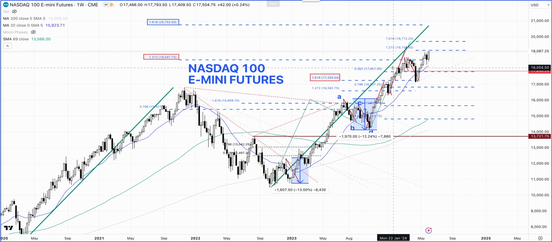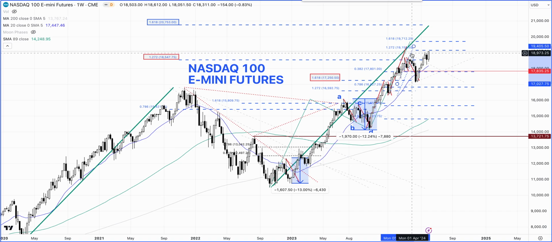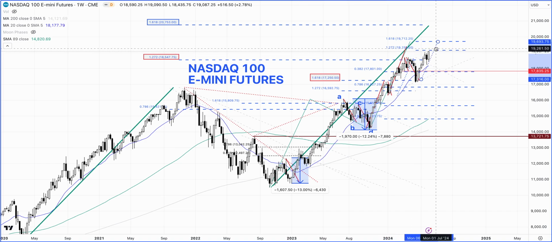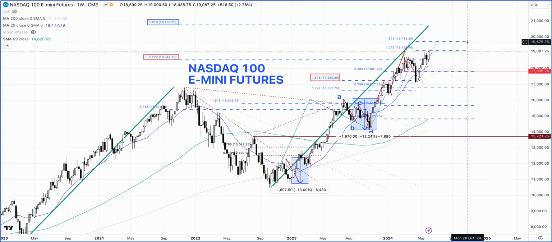Let me actually draw this ABCD, which I haven't drawn here, like this. And we just project it from here. So I believe this 19,700 is the kind of target we can look for, where we might get maybe a slight pullback or some sort of consolidation. And of course the bigger numbers there are per the weekly charts.